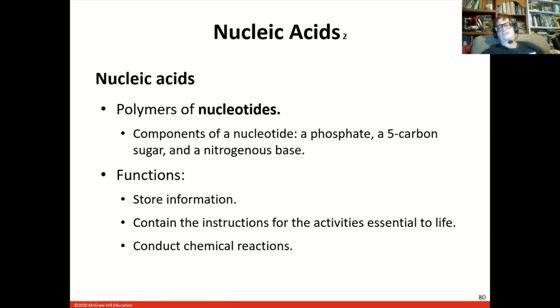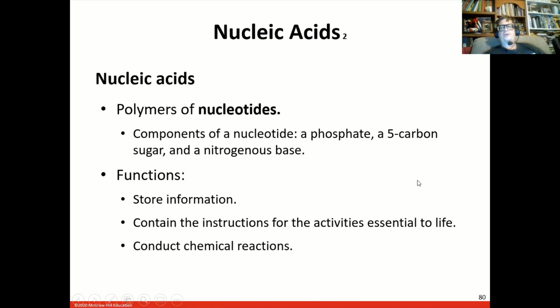It's a 5-carbon sugar. You already know DNA uses deoxyribose. RNA uses ribose. You already know that they all have a phosphate. And you already know that the nitrogenous bases for DNA are adenine, cytosine, guanine, and thymine. The ones for RNA are adenine, cytosine, guanine, and uracil. Uracil is only an RNA thing.